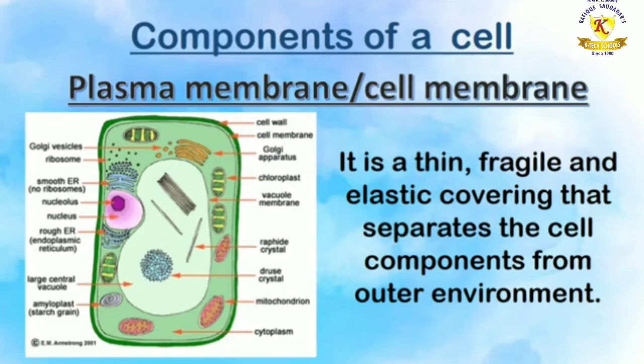Fragile here means it can break easily or it can get destroyed easily. So the plasma membrane is thin and fragile, and it is an elastic covering that separates the cell components from the outer environment. Are you getting me, children? Is it easy to understand? Okay.